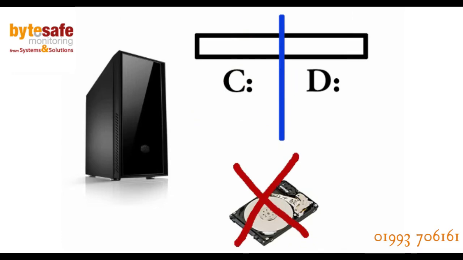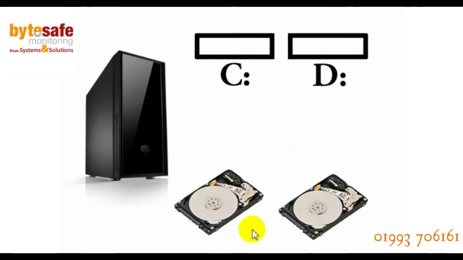Now, this isn't always the case when you see a C and a D drive on your computer, because you can have two separate disks in a computer. One could be looking after the C partition, which is always the system drive, and the other one could be the D, which is just an extra drive. You can put data on there, you can back up the whole of the C drive to the D drive, you can clone over, you can image backup, anything like that.